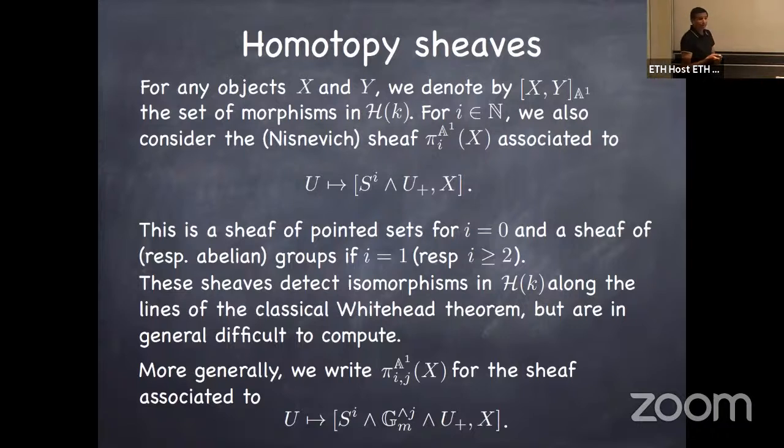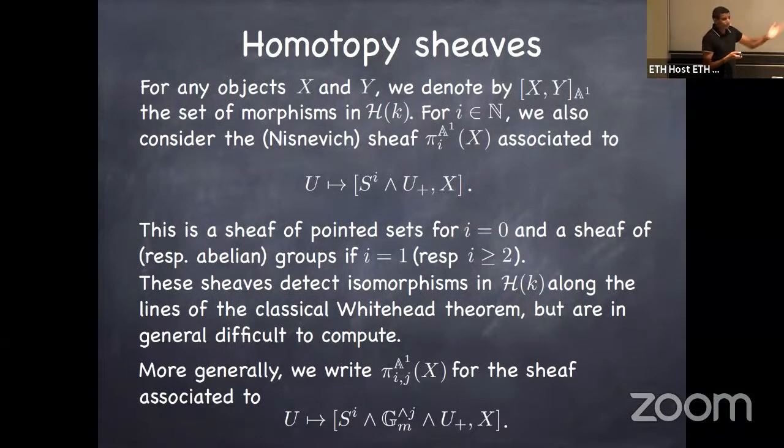But just like in classical topology, they're sheaves of sets for i equals 0, ordinary groups for i equals 1, and abelian groups if i is bigger than or equal to 2. And the reason we need to work with sheaves is that in topology, one of the classical theorems is that a weak equivalence between topological spaces is detected by homotopy groups. And in the algebraic geometric setting, isomorphisms in H(k), in other words, A^1-weak equivalences, are detected by homotopy sheaves.